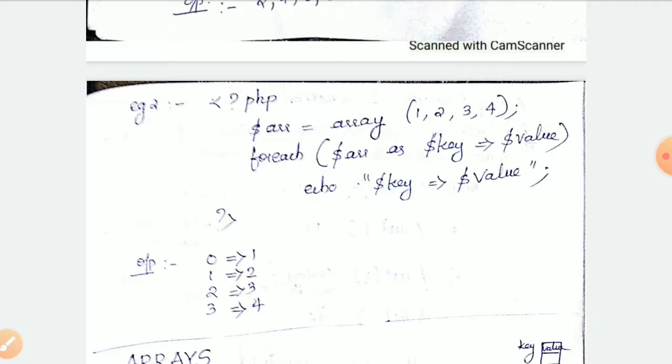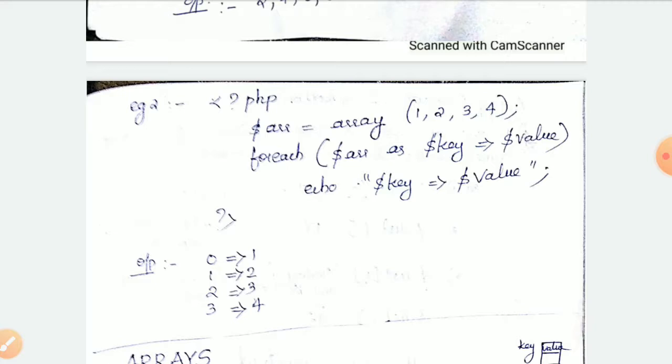Here $key represents the index of the array elements, and $value represents the values themselves. In the first iteration $key will be 0, because by default the index starts from 0, and $value will be 1.